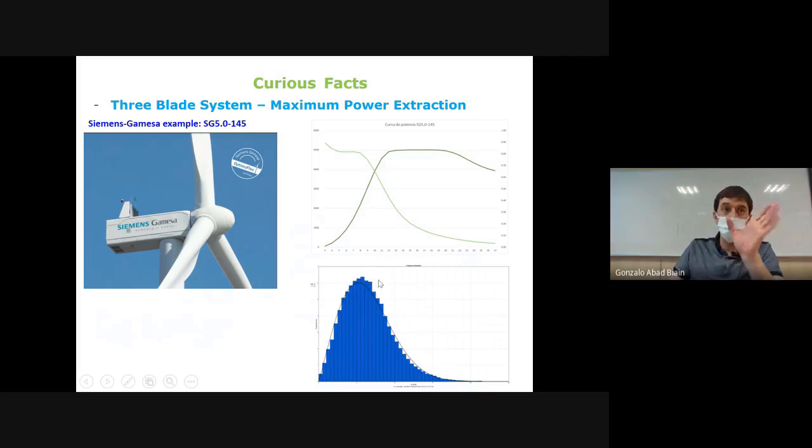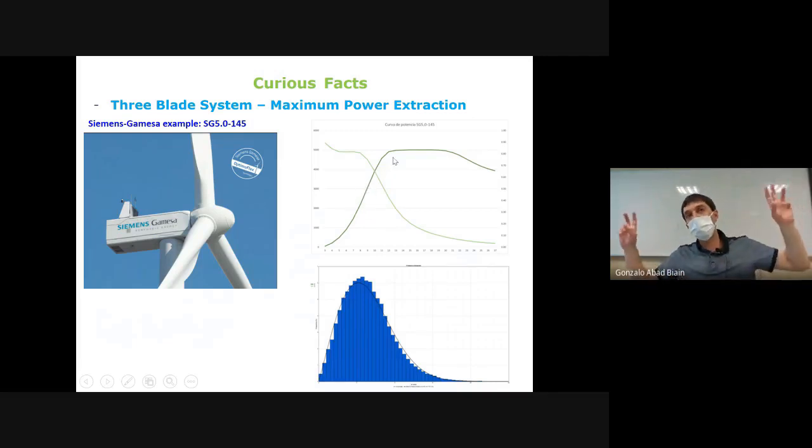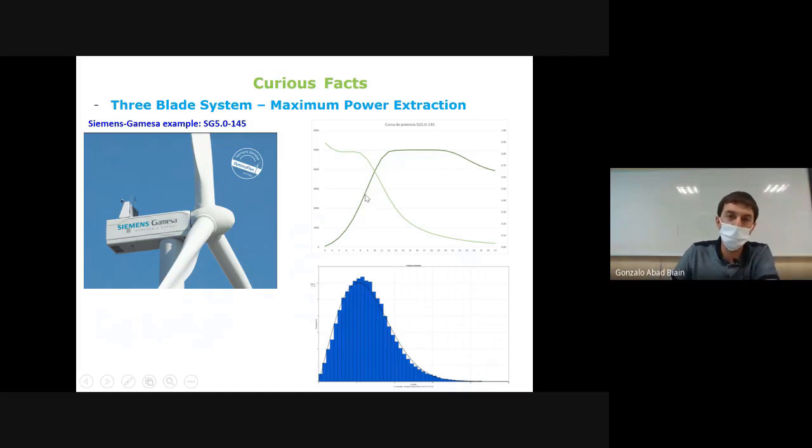If this is correct, because this is statistics, then the reality, we don't really know what happens. We need to measure over years what is the reality of the wind that we have. But this is something that manufacturers normally don't give you, or at least I never saw it. So the reality is that this wind turbine, which is called a 5 megawatt wind turbine, is going to be working the majority of the time at these powers.